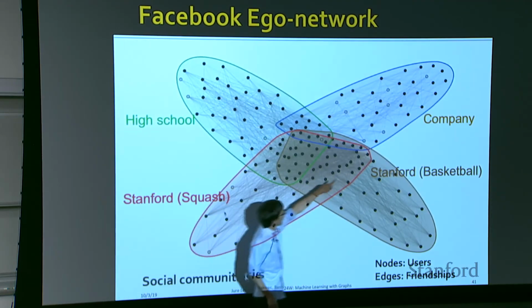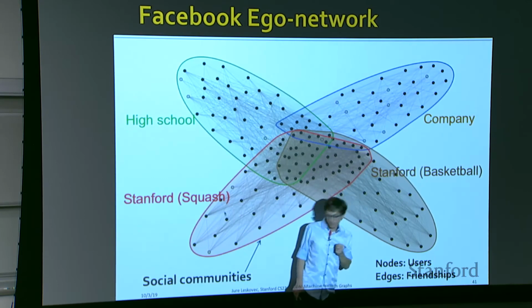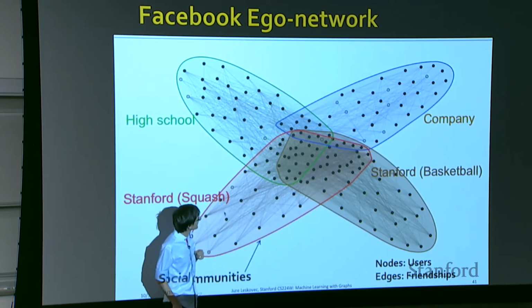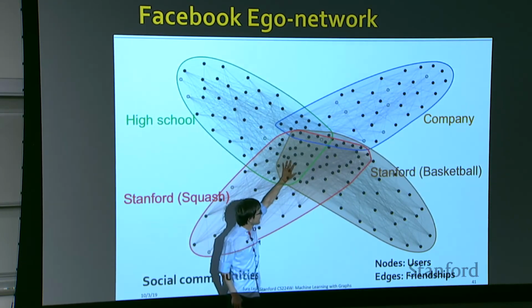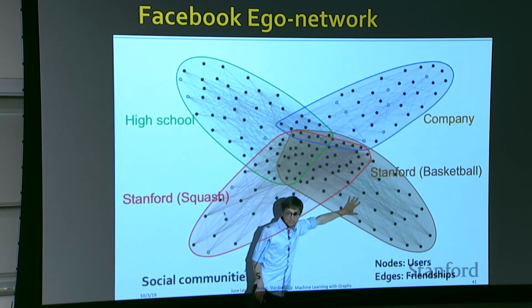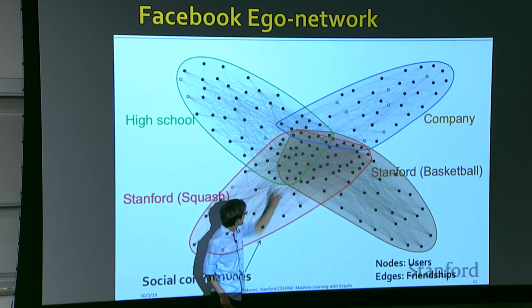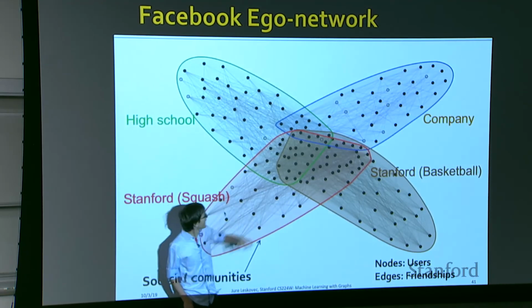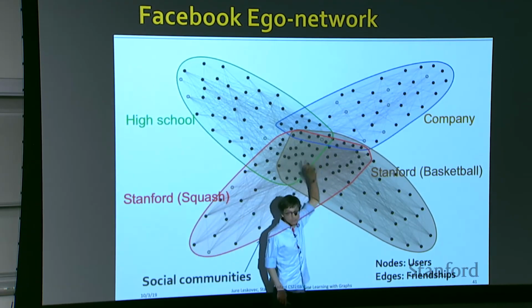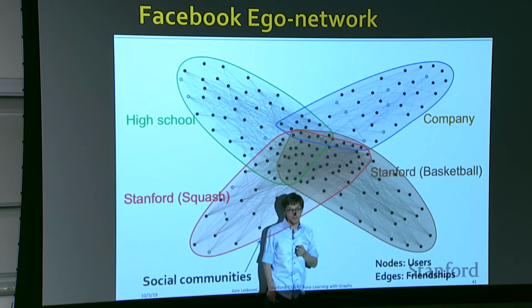And then the company is friends from his internship. And what is interesting is, for example, that some of his high school friends are also at Stanford and he plays basketball with them. And then another subset of Stanford friends he plays squash with. And some subset, they were actually doing internships together at the same company, right?